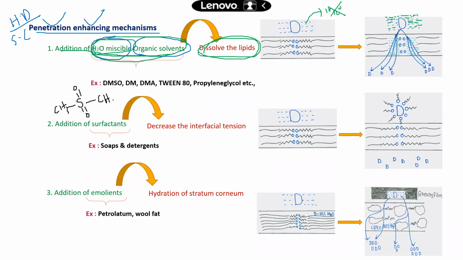This is the dimethyl sulfoxide. Next, dimethyl acetamide.